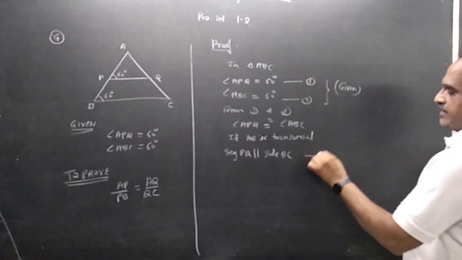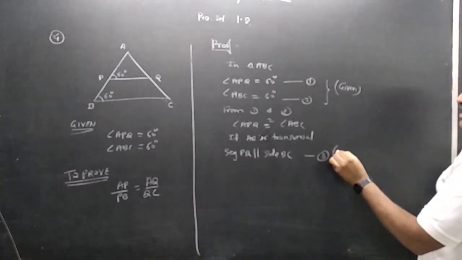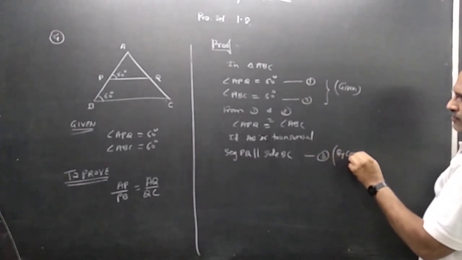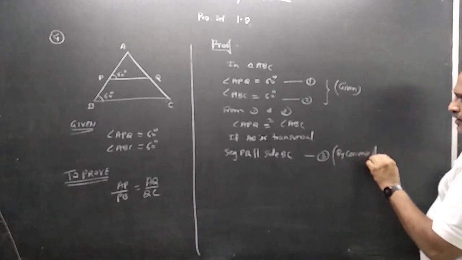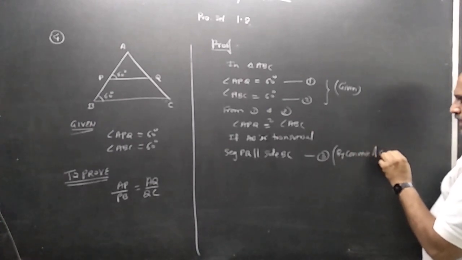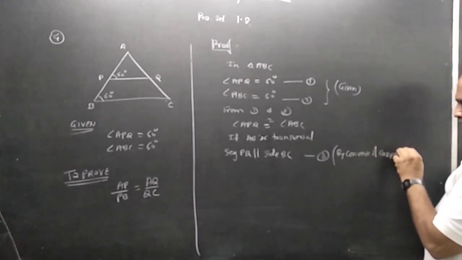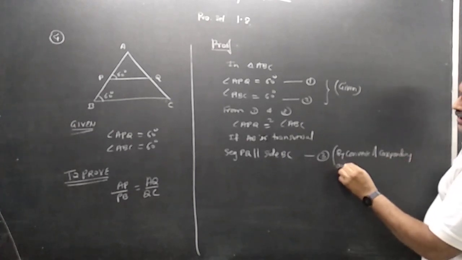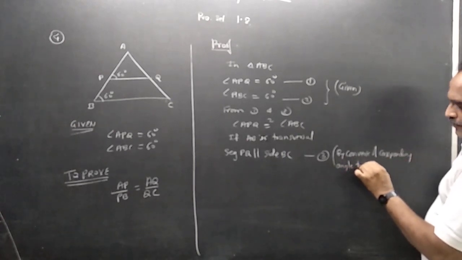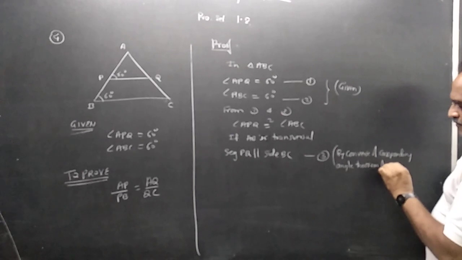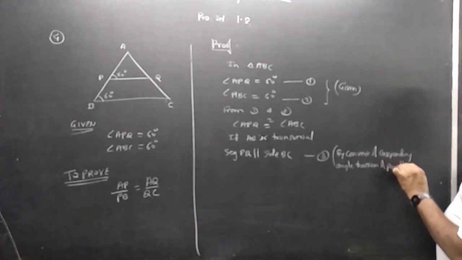I can take it as 3, and we are going to write by converse of corresponding angle theorem of parallel lines.